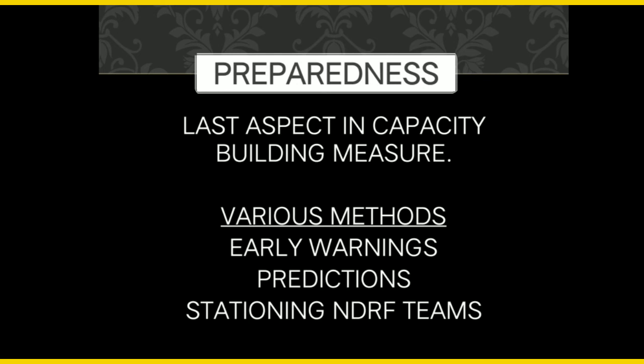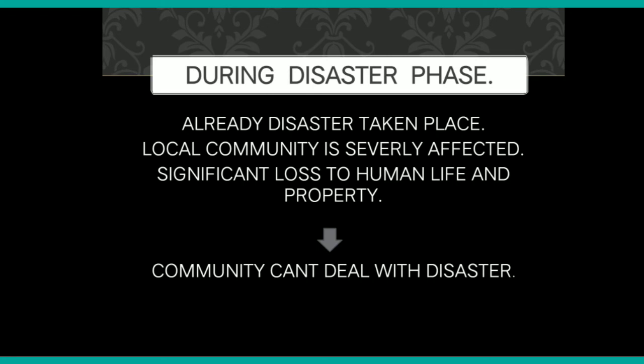If there is a cyclone on any coast of India, the government sends officials there to inform people, so that we can avoid human loss in that disaster. Till now we have discussed the precautions to be taken during the pre-disaster phase: understanding the hazard or risk, understanding the vulnerability, and increasing the government's capacity to deal with disasters.